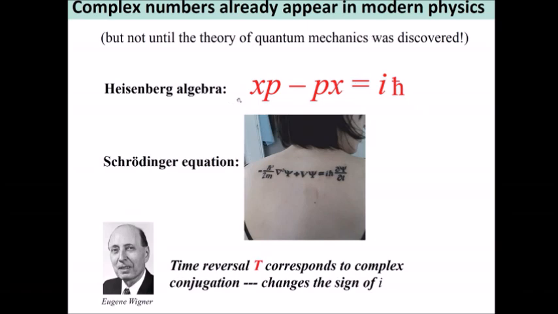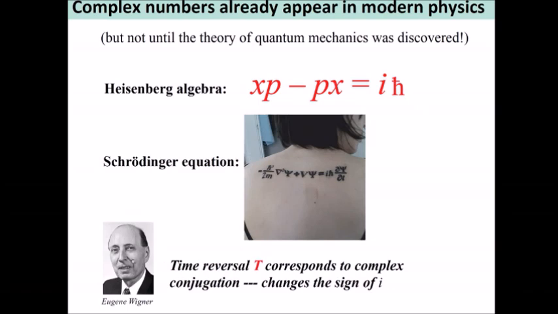And you can see this is the Heisenberg algebra, and here is the number i. Okay, and this is a complex number that is fundamentally in the theory. And here is the Schrodinger equation. Don't look at the girl, okay, just look at the equation, okay? And you can see in this equation, there's an i in that Schrodinger equation, okay?